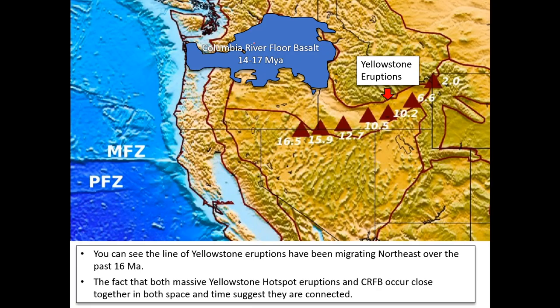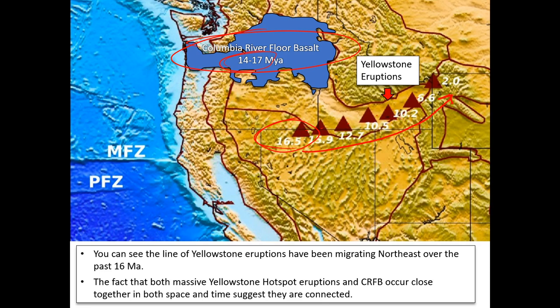Okay, so here's the Columbia River flood basalt. Again, it's about 14 million to 17 million years. We have different eruptions, 1, 2, 3, 4, 5, 6, 7 eruptions of Yellowstone over the last 16.5 million years. You can see they're relatively close by. You'll notice that these eruptions keep moving to the east with time.